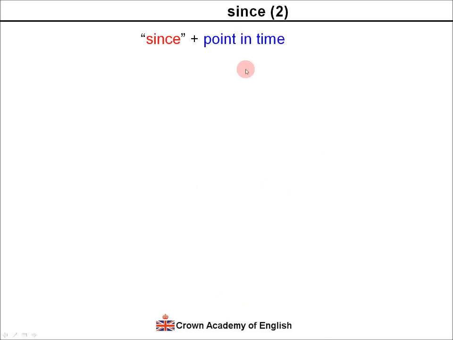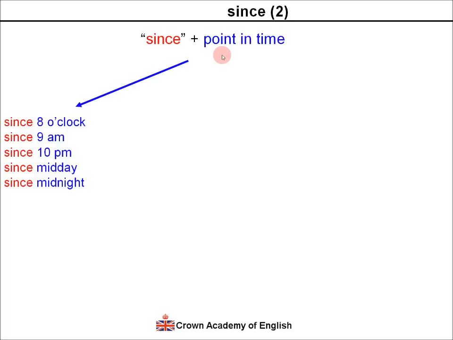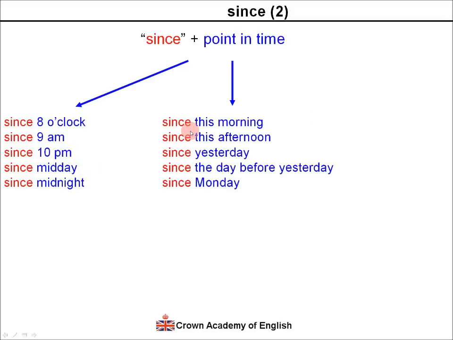So let's look at some examples for points in time. Since 8 o'clock, 9 a.m., 10 p.m., midday, midnight. Since this morning, this afternoon, yesterday, the day before yesterday, since Monday.